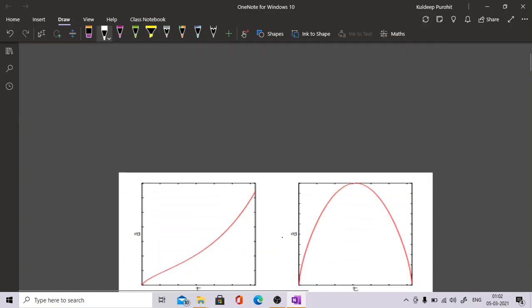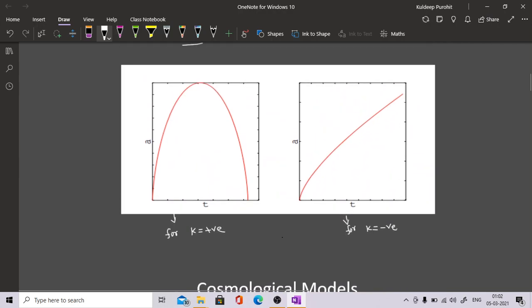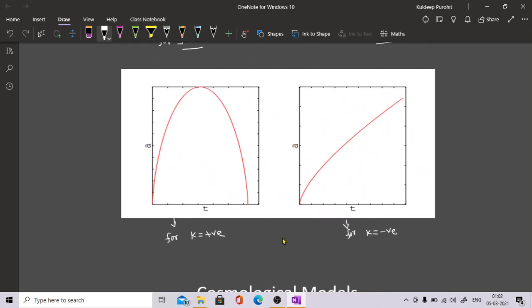So let me show you how this variation is. If you plot those equations and find the variation of scale factor with respect to time, you will find that for k positive, as we have seen, there will be a local maxima, corresponding to a max.